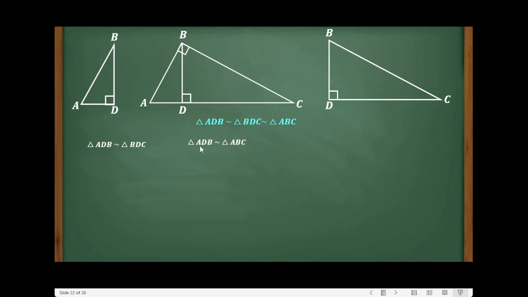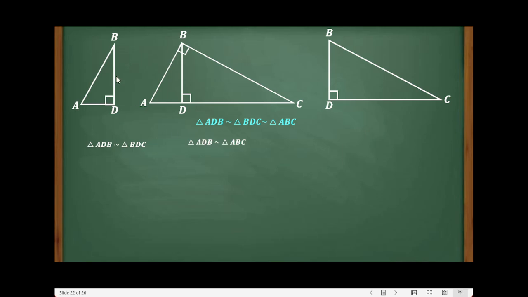Say, triangle ADB, this one, is similar to the original right triangle ABC. So A of this triangle corresponds to A of this original right triangle. And D, which is the right angled vertex, corresponds to point B, which is also the right angled vertex.